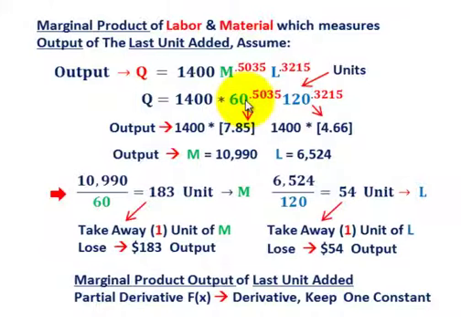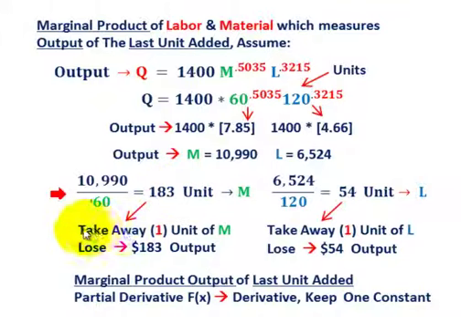You take that times the $1,400 per unit for revenue, and you're going to come up with $10,990 for material. Looking at it on a unit basis, $10,990 divided by 60 units of material gives you $183 per unit, which is what material is adding to the output, or to our profit, in this case.